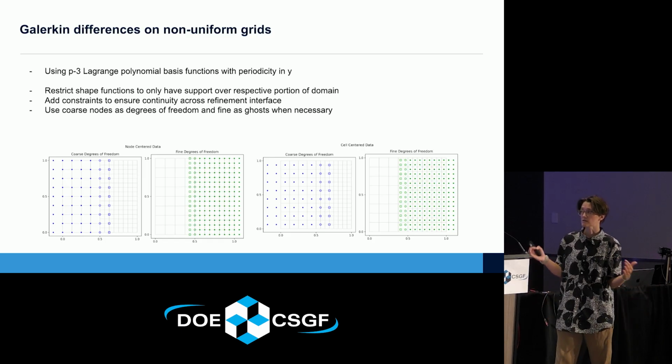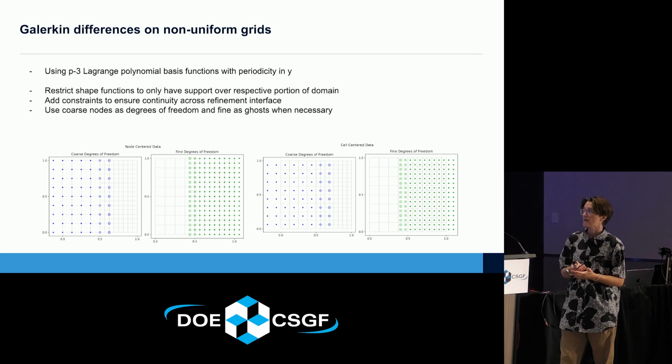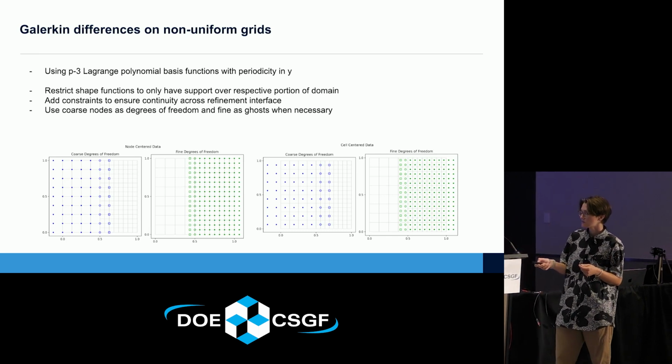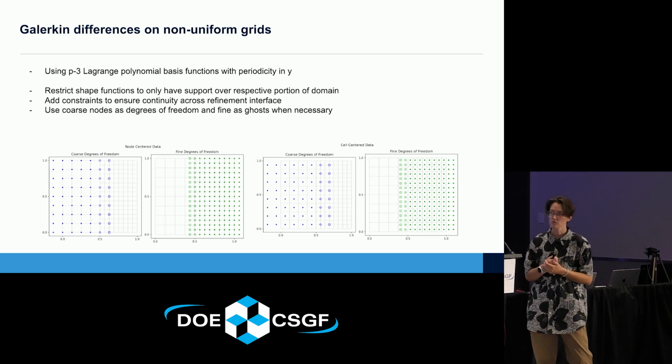This comes down to restricting the shape functions to only have support over their respective level, and then adding constraints to these. I've highlighted the nodes along the interface that are possible nodes we could be using in our constraints.